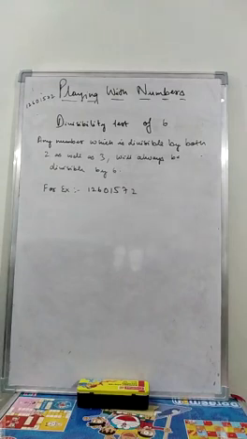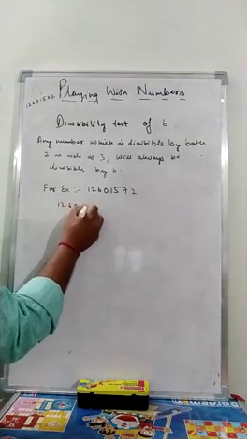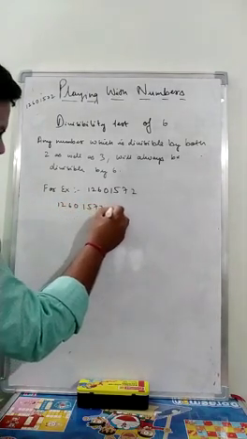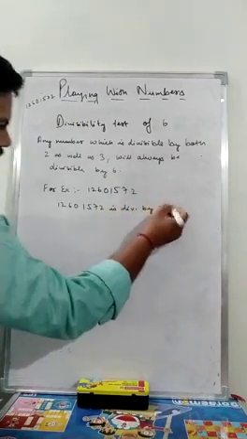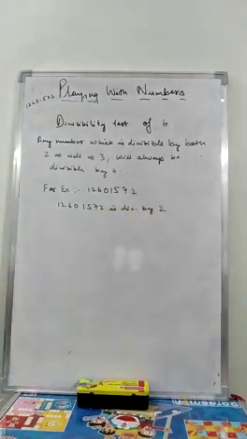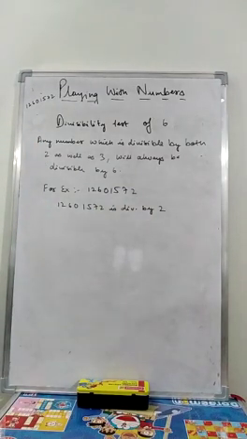Now, is this number divisible by 6? So over here, 1260152 is divisible by 2. Okay. So this number is divisible by 2 that we have identified over here.